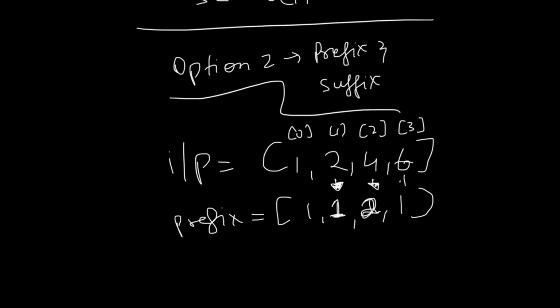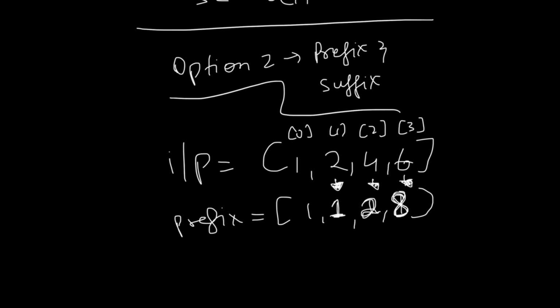At index 3, we want to keep track of the product of all numbers before 3, so we take the product of all values till index 2 and then multiply with the number at index 2. So that is going to be 8. And this is a prefix array, which basically keeps track of the product of all the prefixes till that index.